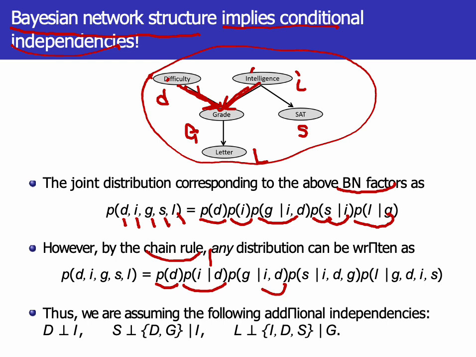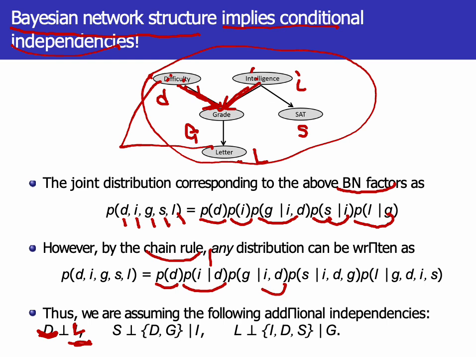P(G | I, D) multiplied by, wait a minute, P(S | I, D, G), and also P(L | G, D, I, S). However, D and L are independent given G because they are not directly connected.